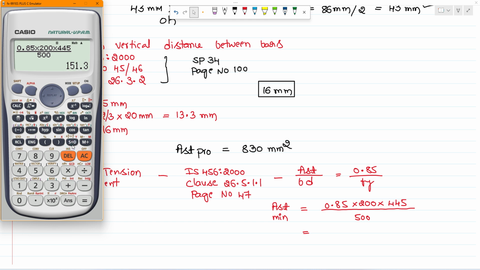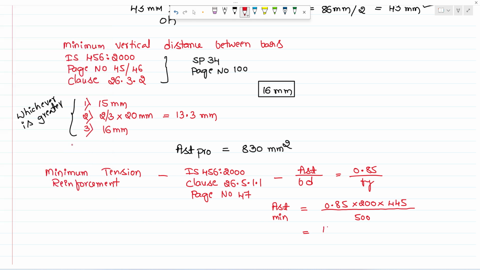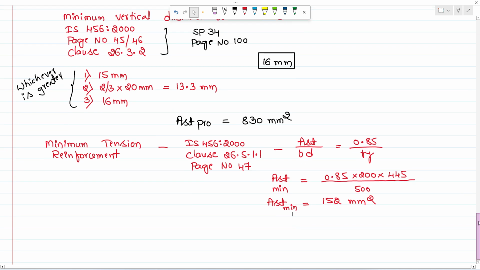So you require a minimum steel of 151.3. So it is 152. So this is your AST minimum requirement. So what is the maximum requirement? So next, maximum tension reinforcement.